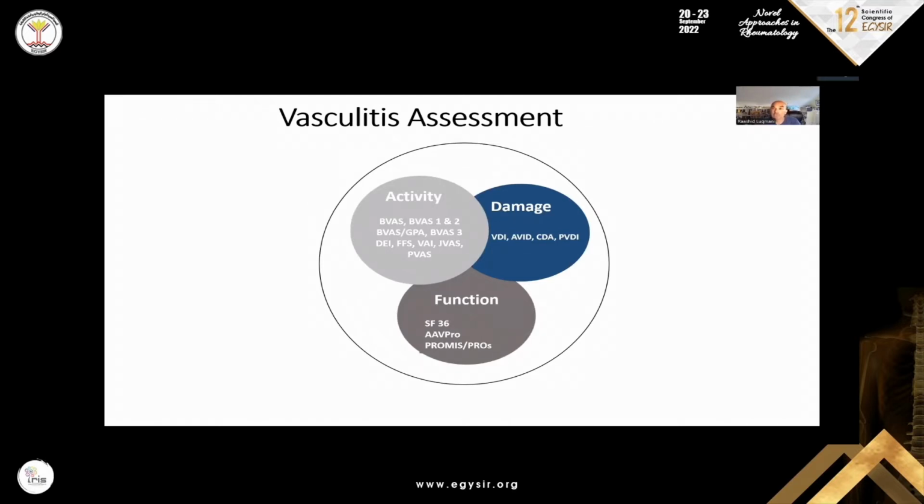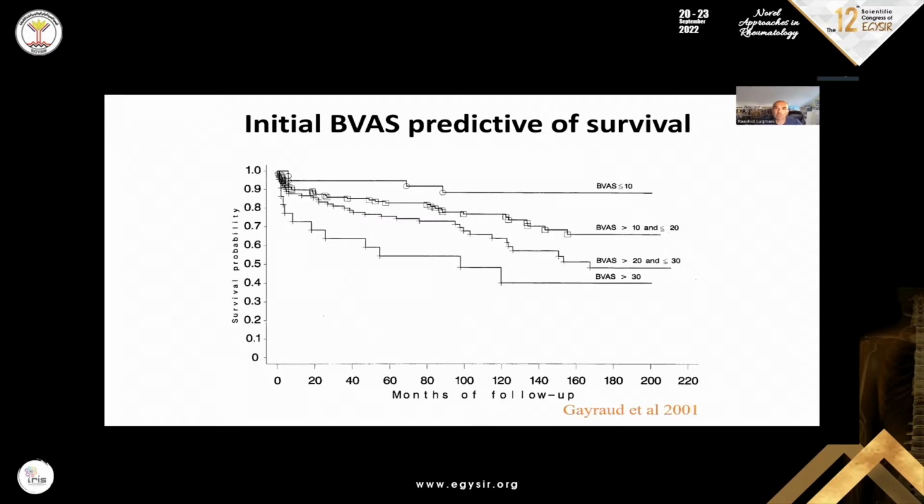But increasingly, this is now reaching clinical practice because where it comes to use of expensive therapies such as rituximab, there is a requirement in a lot of countries to ensure that patients who have active disease are being offered these drugs, and that there is a way of measuring the response to these therapies.